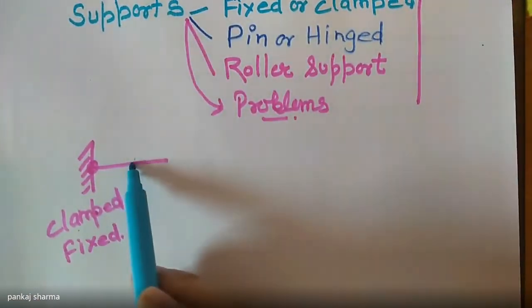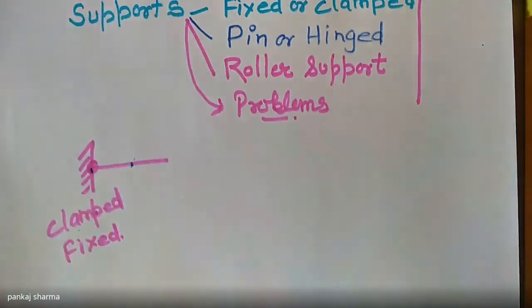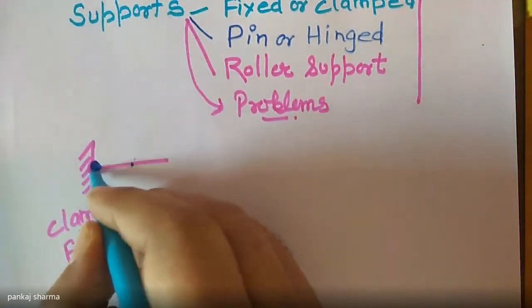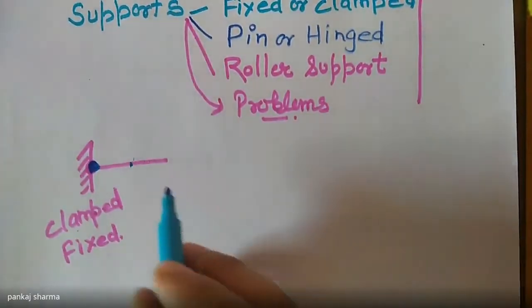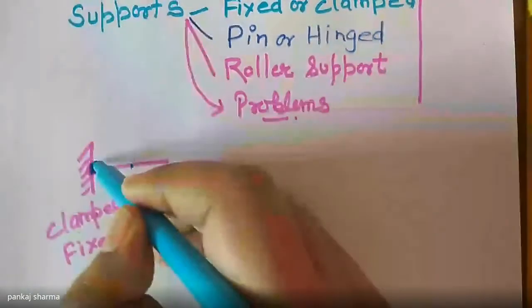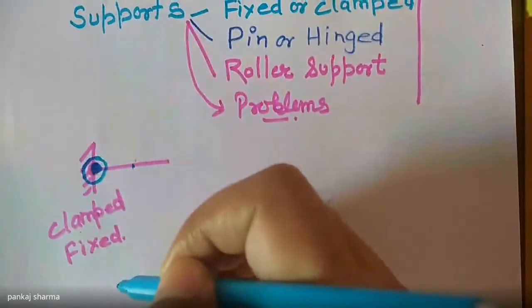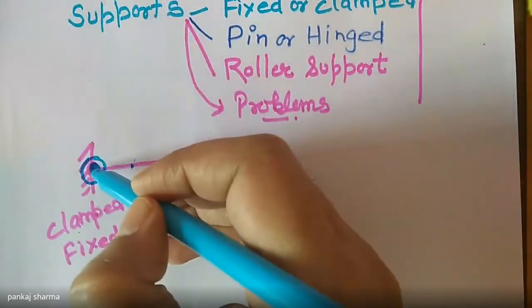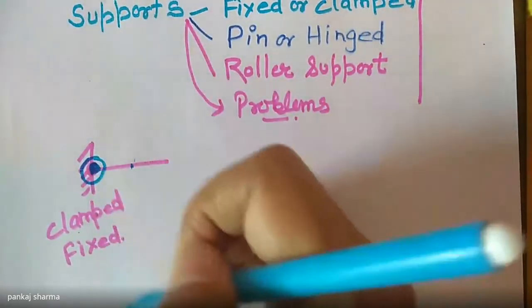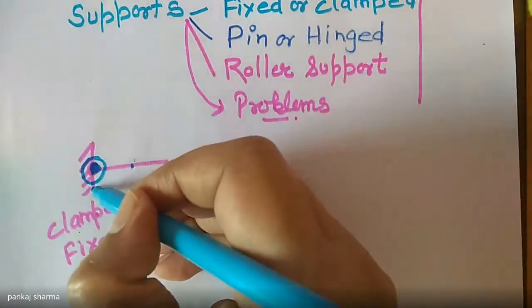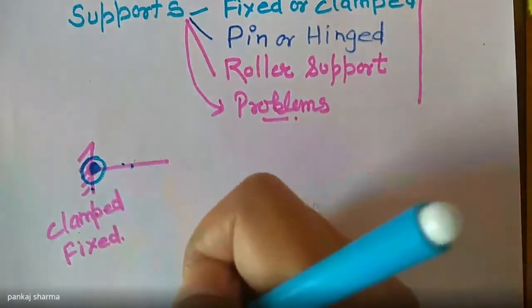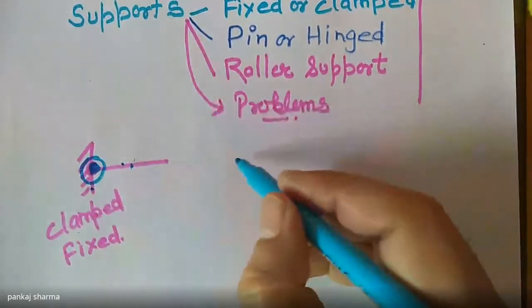It is a rod fixed to the wall here. When we draw the free body diagram, we can show the types of reaction applied by this vertical wall to this rod. These are the reactions.